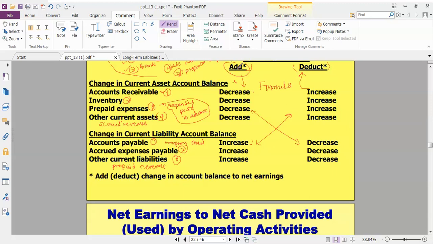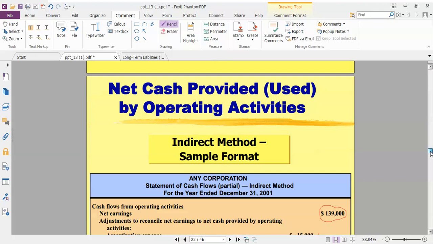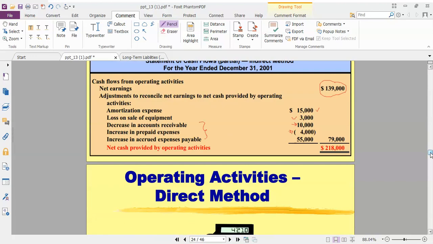Okay, if you want to prepare the statement of cash flow, and if you do not understand, you look at the formula there in order to understand whether that item you should add on or deduct.